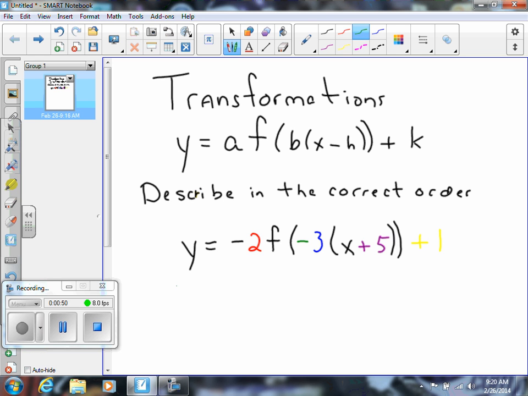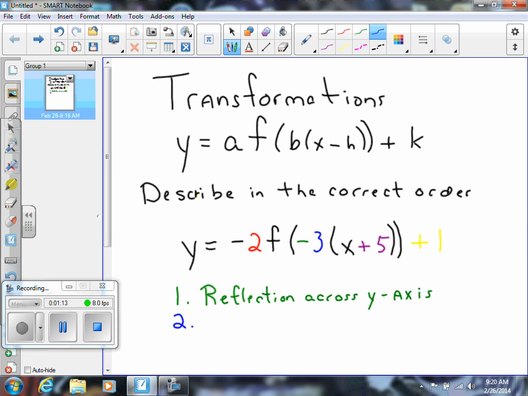So our first transformation would be the reflection across the y-axis. And if we were graphing this particular graph, that would be the first transformation we would apply.